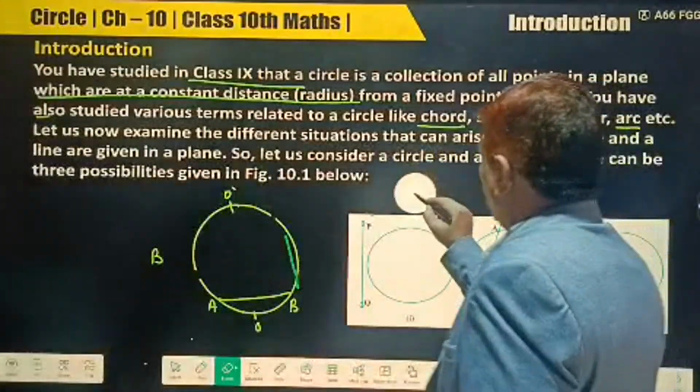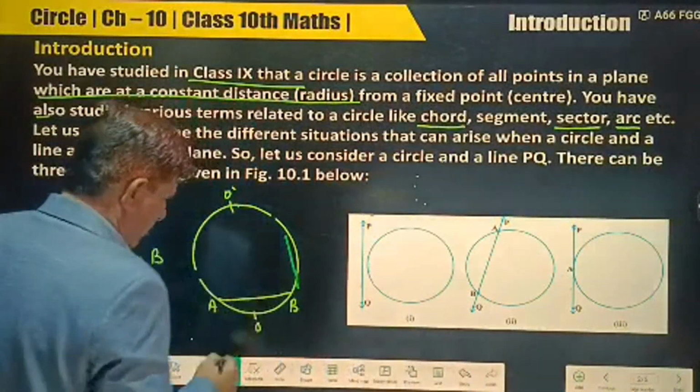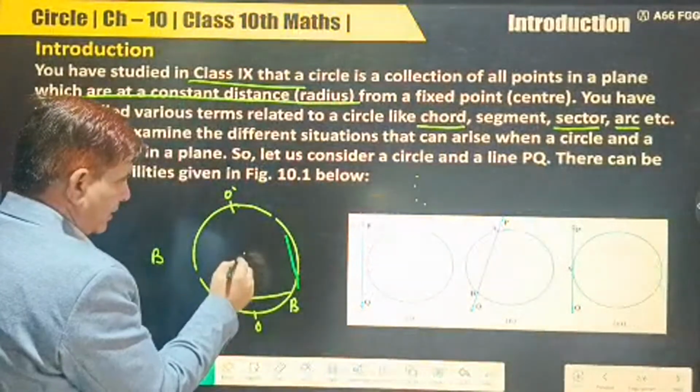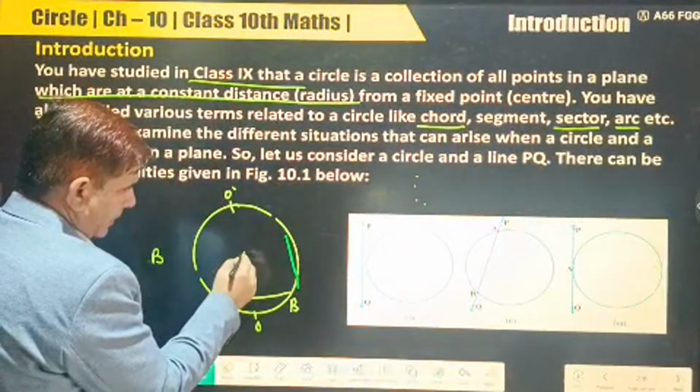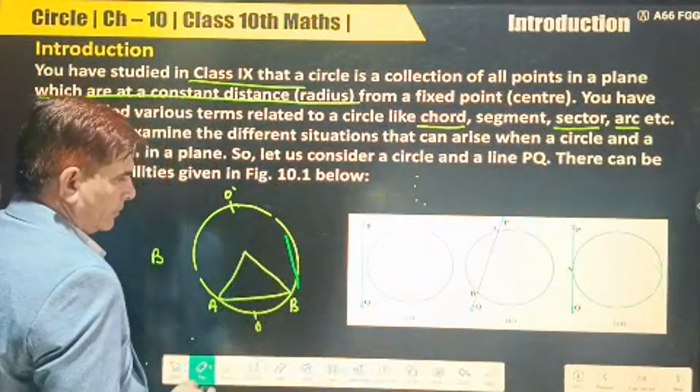So we can make it like this. This is the center of the circle. Join this, join this.